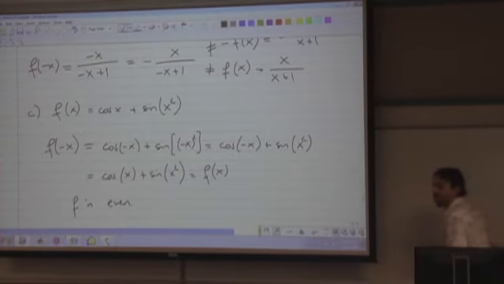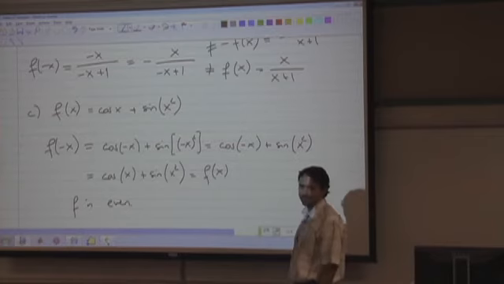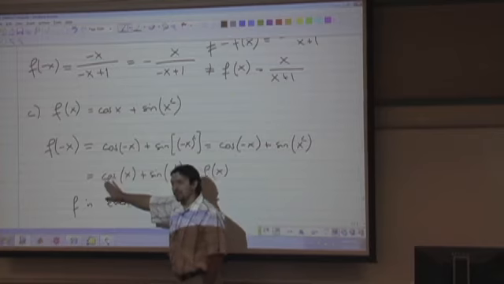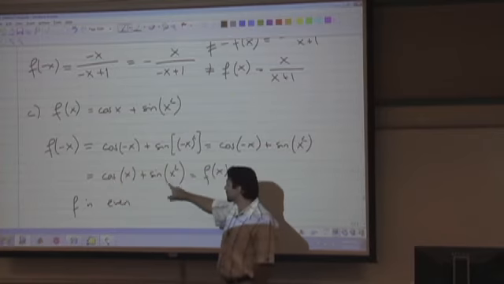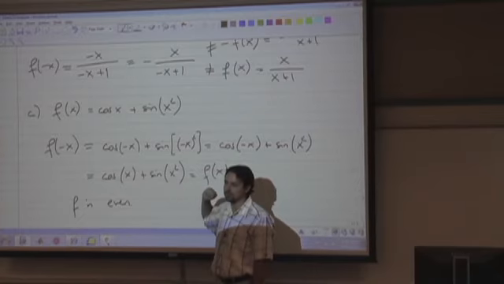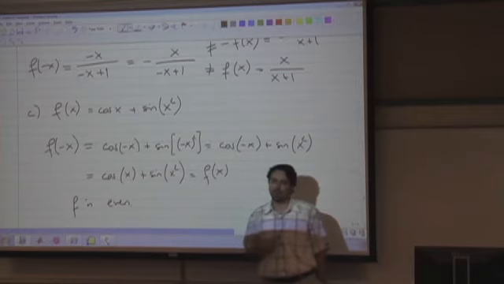Cosine of x is an even function, which means cosine of minus x is equal to cosine of x. And so as a consequence, cosine is an even function, sine is an odd function, but because I have x squared, it ends up actually being that this is also even. So it turns out that we come back with f of x.